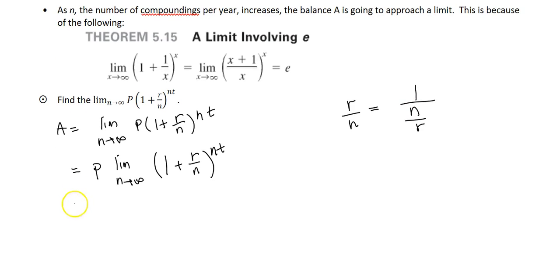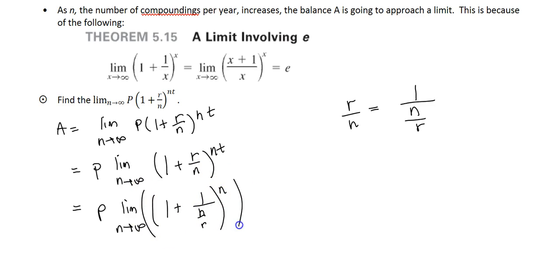I promise there's a reason why I'm doing that. This would be 1 plus 1 over (N over R). And I could change that to be raised to the n power, raised to the t power, because if I were to raise that power to that power, I would just multiply those.